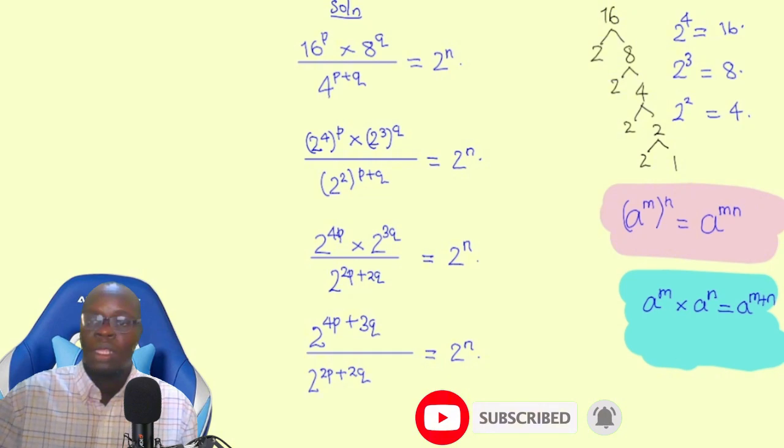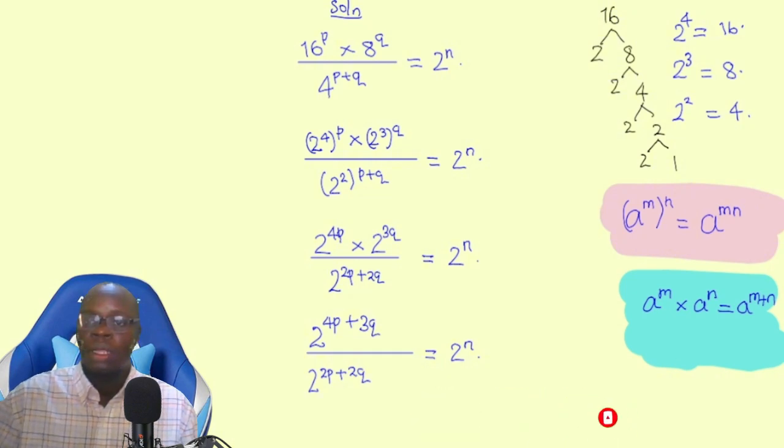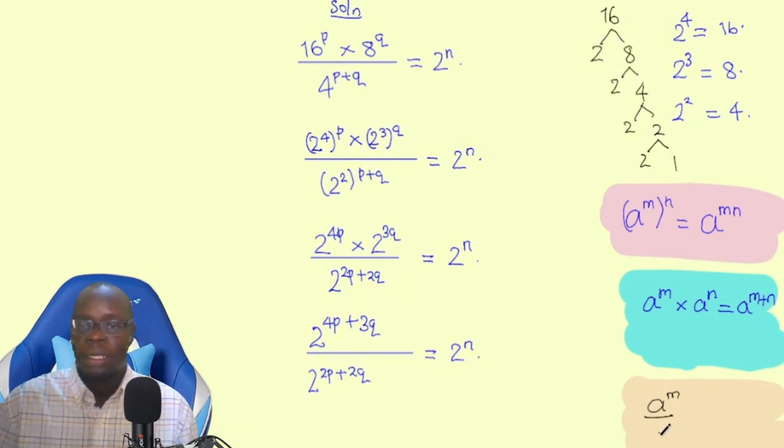Now there's also another rule of indices. If you have a number a to the power of m, and you divide this with another number a to the power of n, this can be given as one number with power m minus n.